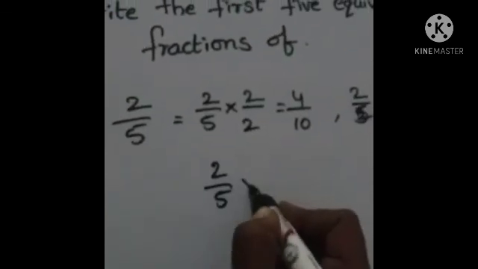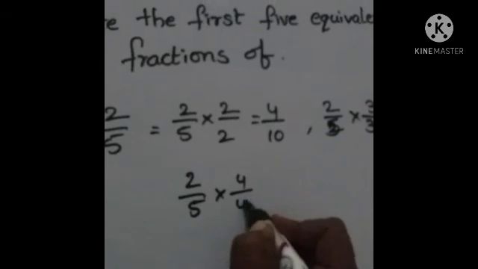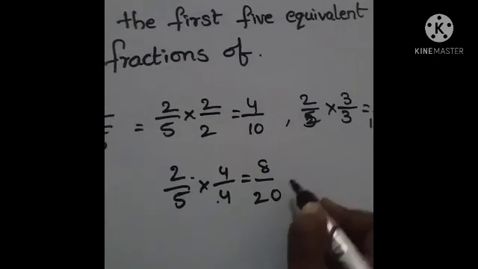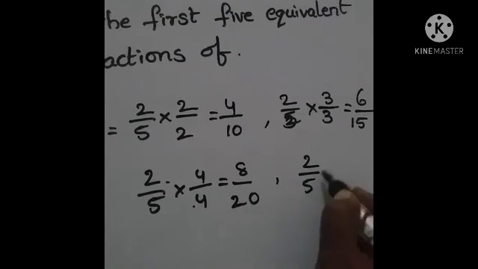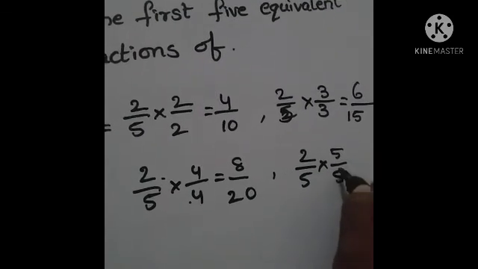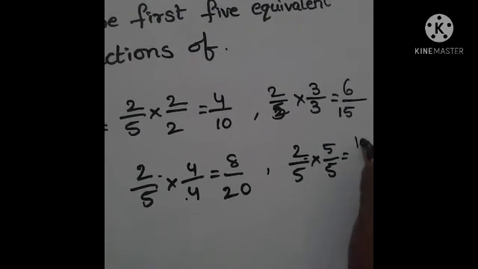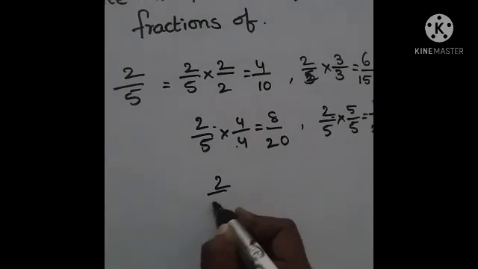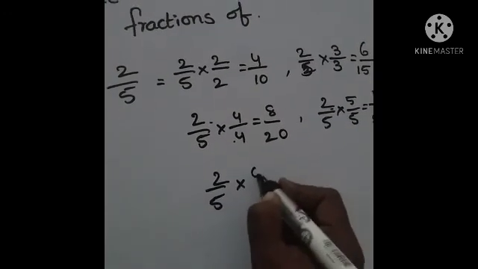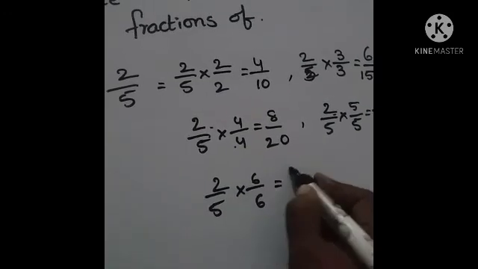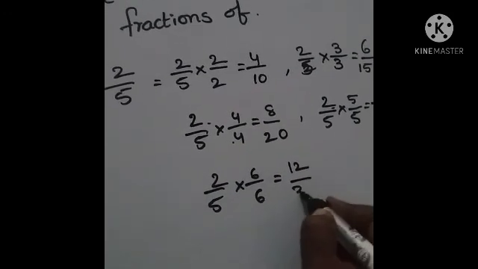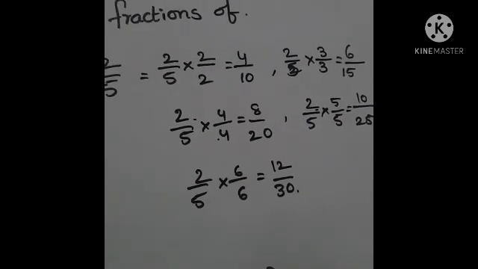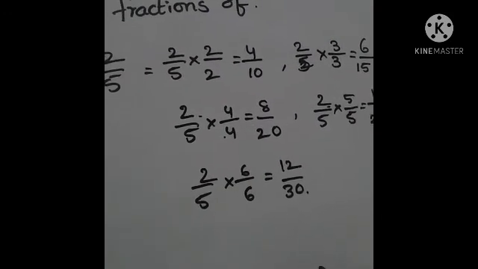2 by 5 into 4 by 4: 2 4s are 8, 5 4s are 20. Next 2 by 5 into 5 by 5: 2 5s are 10, 5 5s are 25. Next 2 by 5 into 6 by 6: 2 6s are 12, 5 6s are 30.